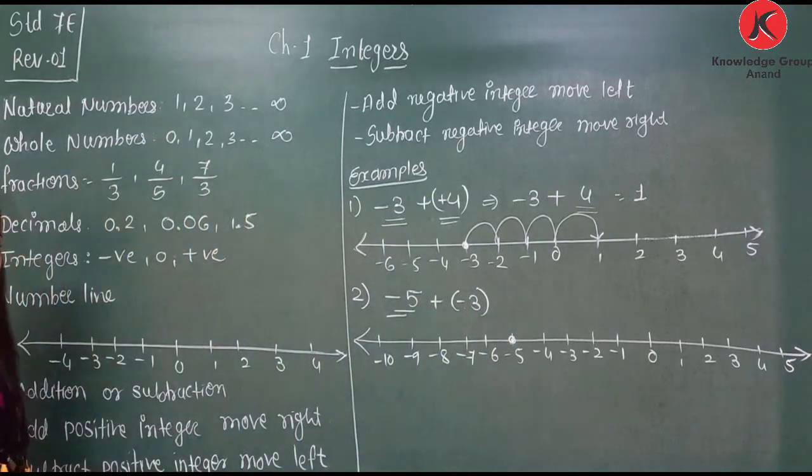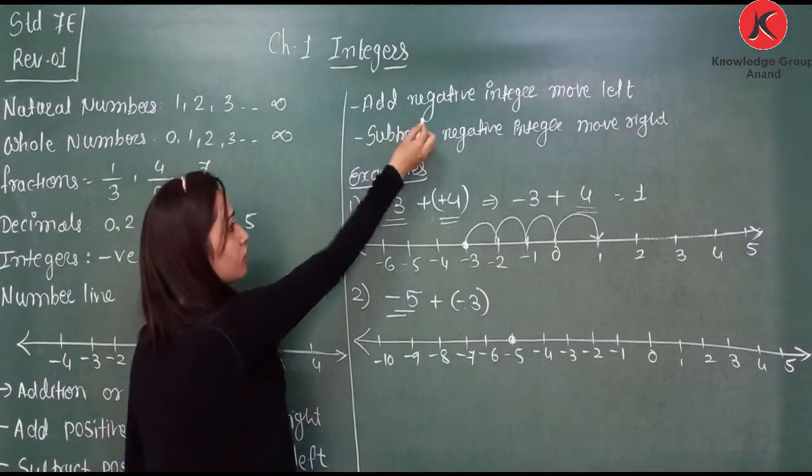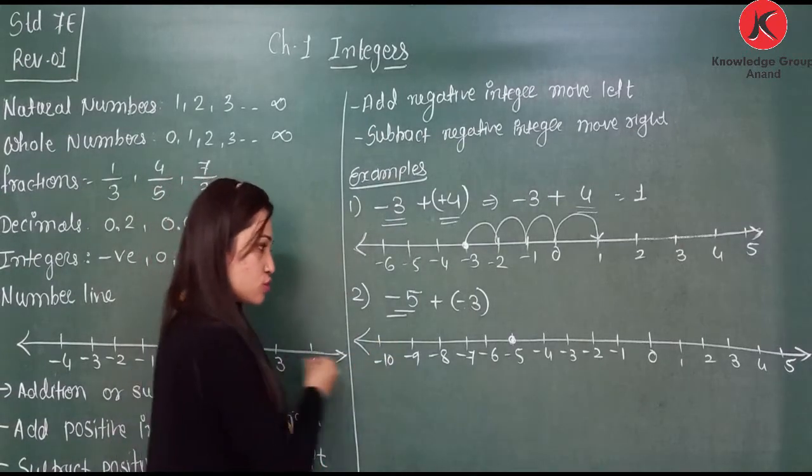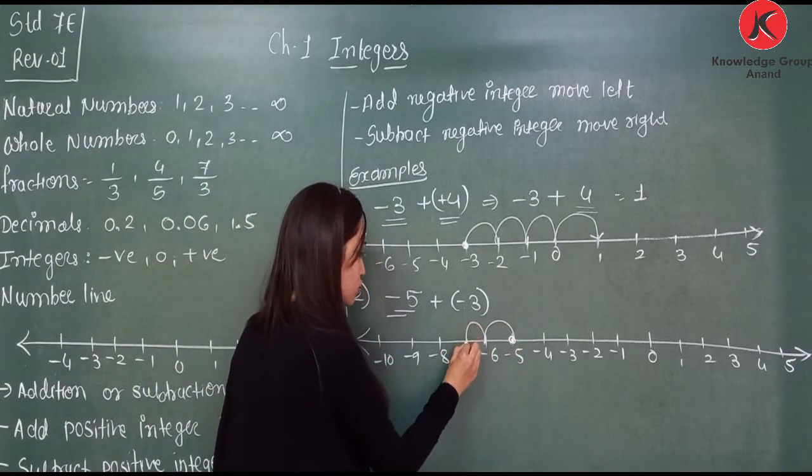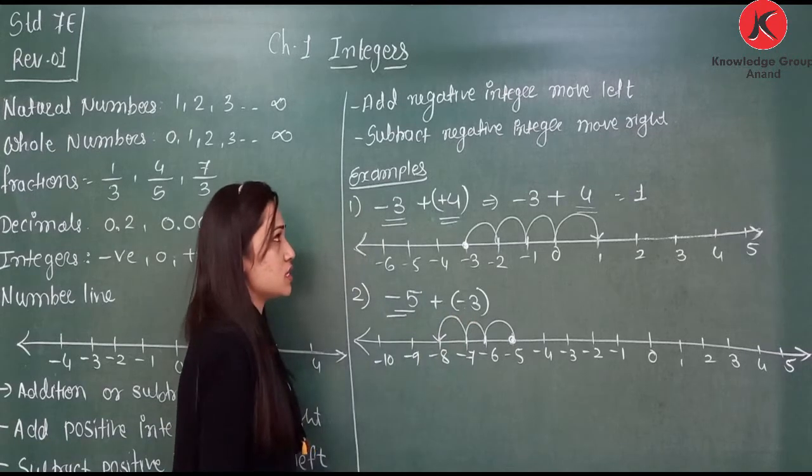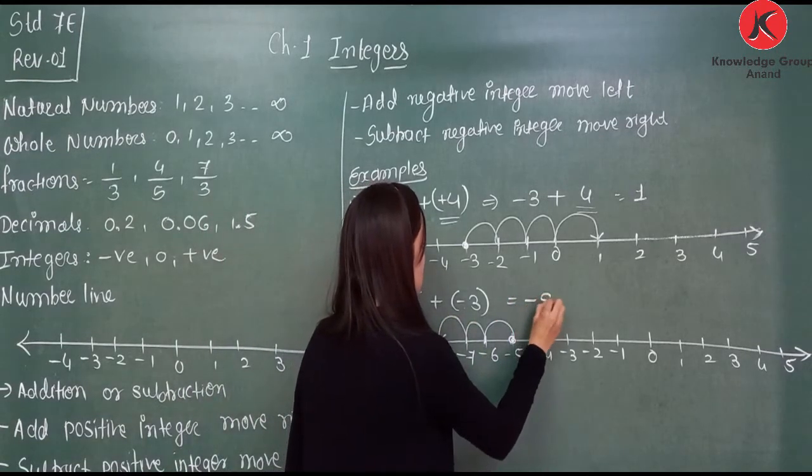If we add a negative integer, then move left. Means we need to move left side. So here 1, 2 and 3. We reach -8. So the answer is -8.